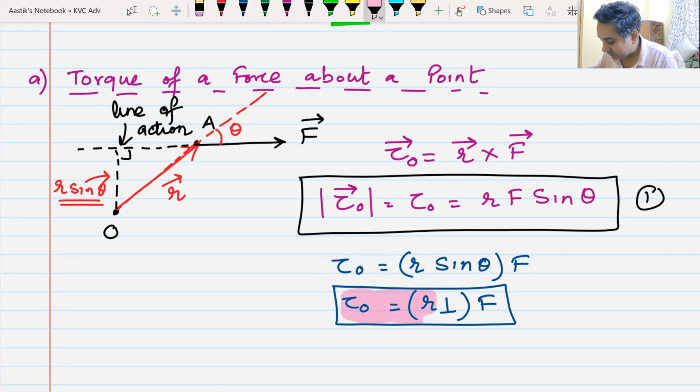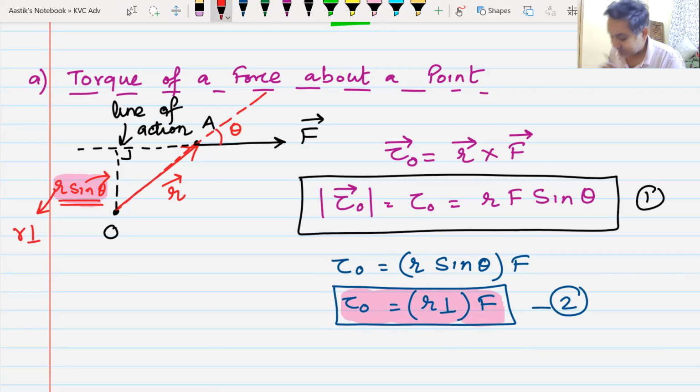Do we understand this? Yes, sir. Remember, what does R perpendicular mean here? R sine theta is nothing but your R perpendicular. Do we understand this? Yes, sir.